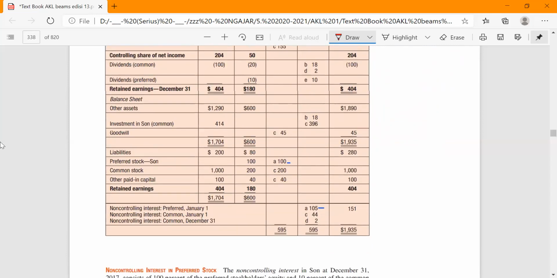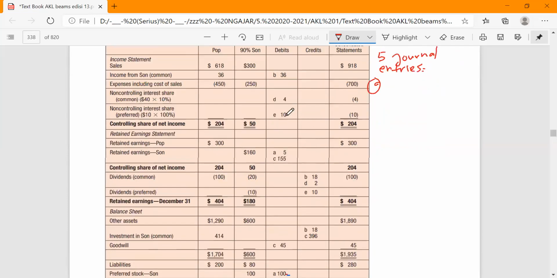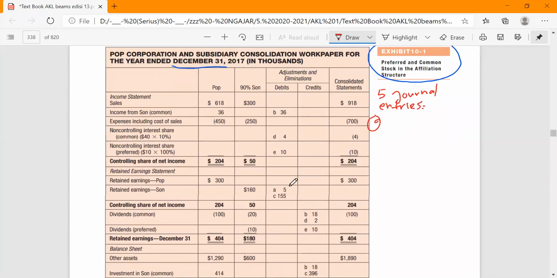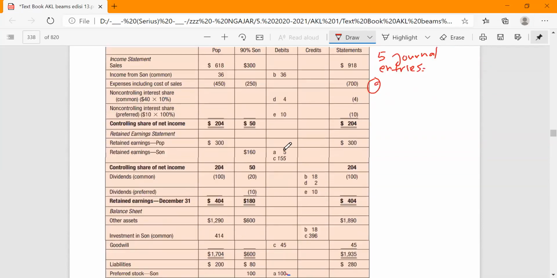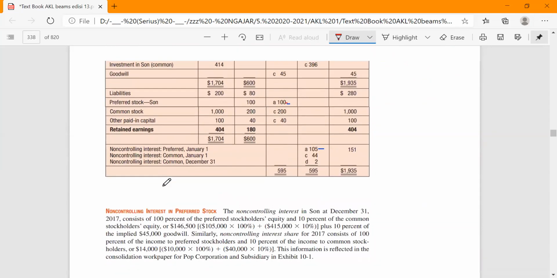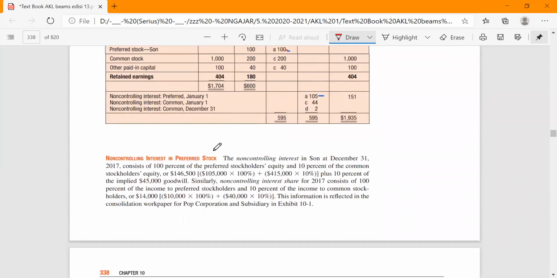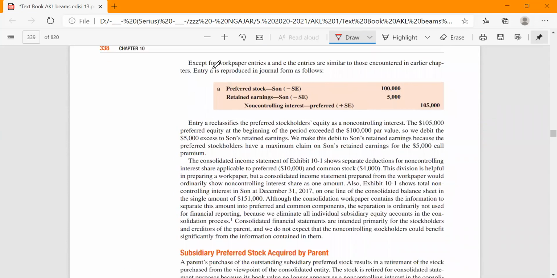preferred stock of S, and then the NCI, this number on credit. Where's the entry A again? Okay, this one. The purpose of journalizing entry A is already written in this paragraph.